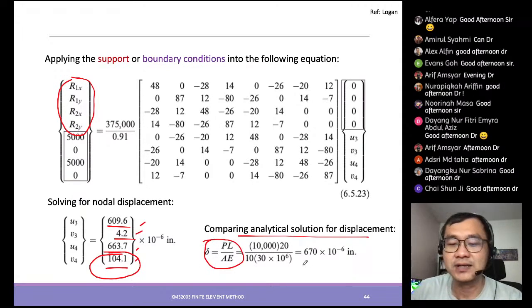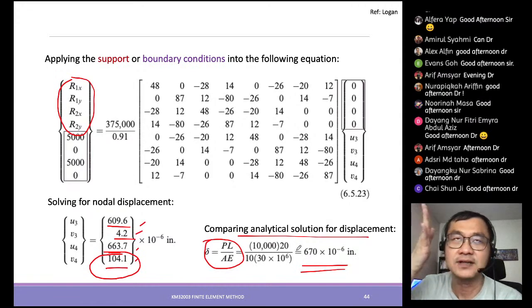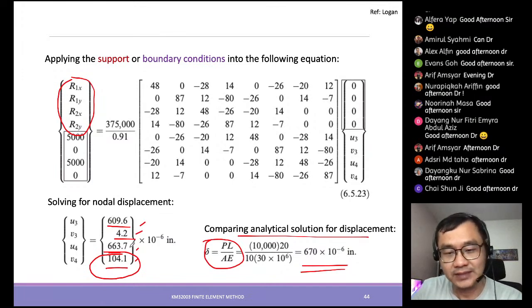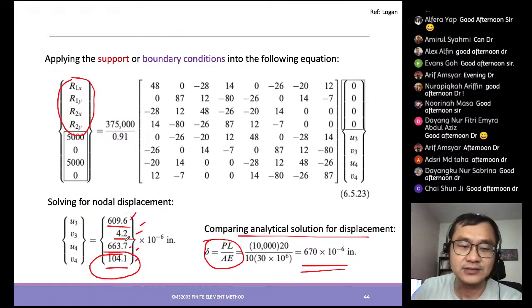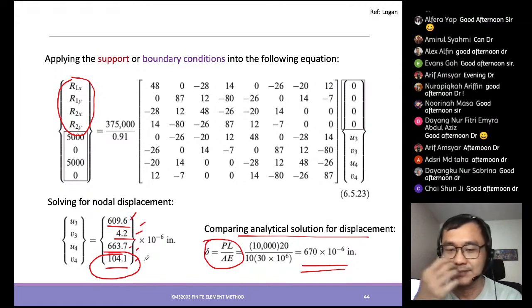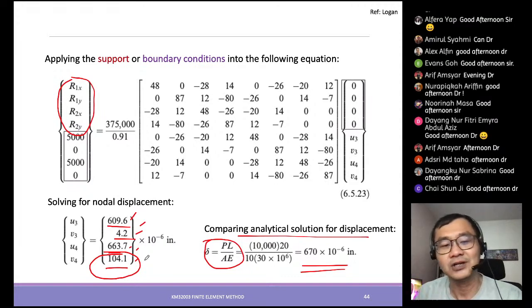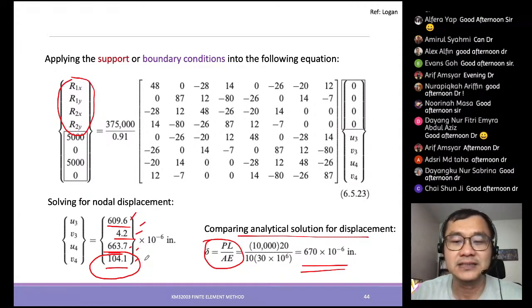If we compare to the analytical solutions for displacement for a beam, we can just quickly calculate at the end of the beam, and the displacement for a cantilever problem would be given as such. So basically, more or less there, but there is still error depending on the type of accuracy you expect.